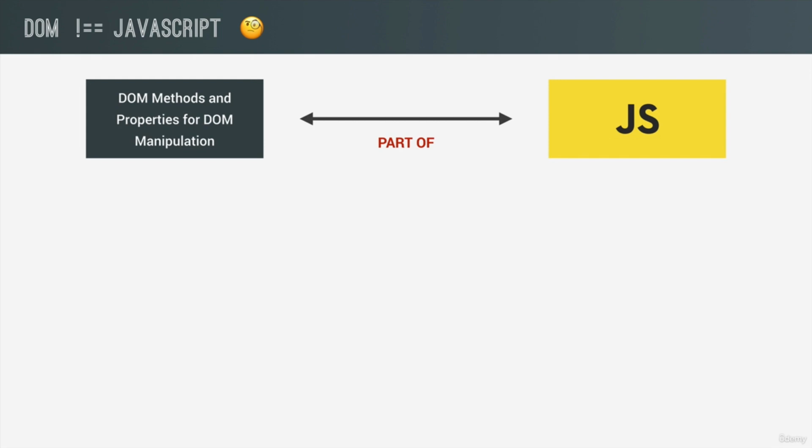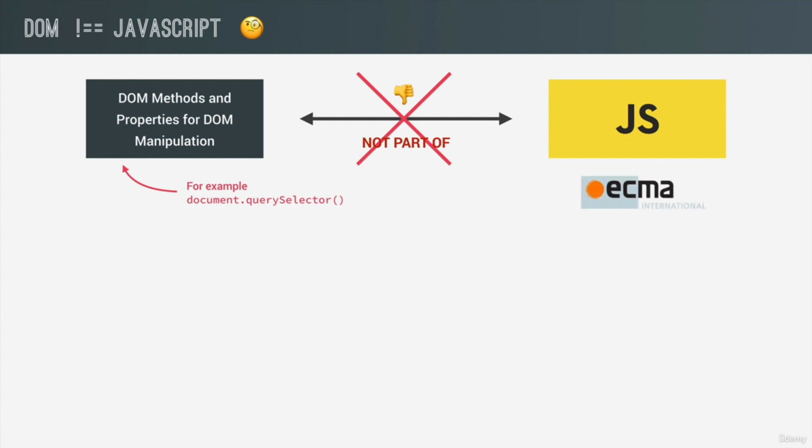But before we finish, I need to clarify something that many beginners find confusing. So, many people believe that the DOM and all the methods and properties that we can use to manipulate the DOM, such as document.querySelector and lots of other stuff, are actually part of JavaScript. However, this is not the case. Remember that JavaScript is actually just a dialect of the ECMAScript specification, and all this DOM-related stuff is simply not in there.